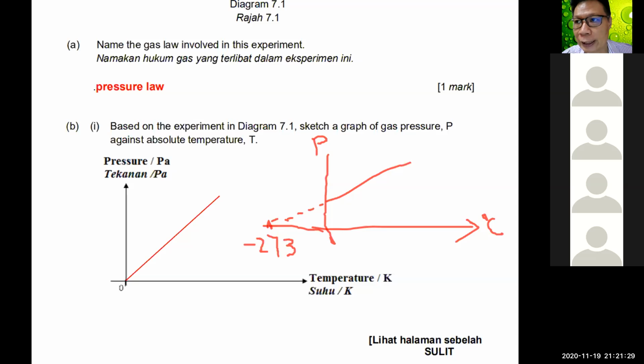Negative 273 is the same as 0 Kelvin. So negative 273 is called absolute zero. Understand? Please make sure this temperature is called absolute zero, same as 0 Kelvin. Okay, understand?